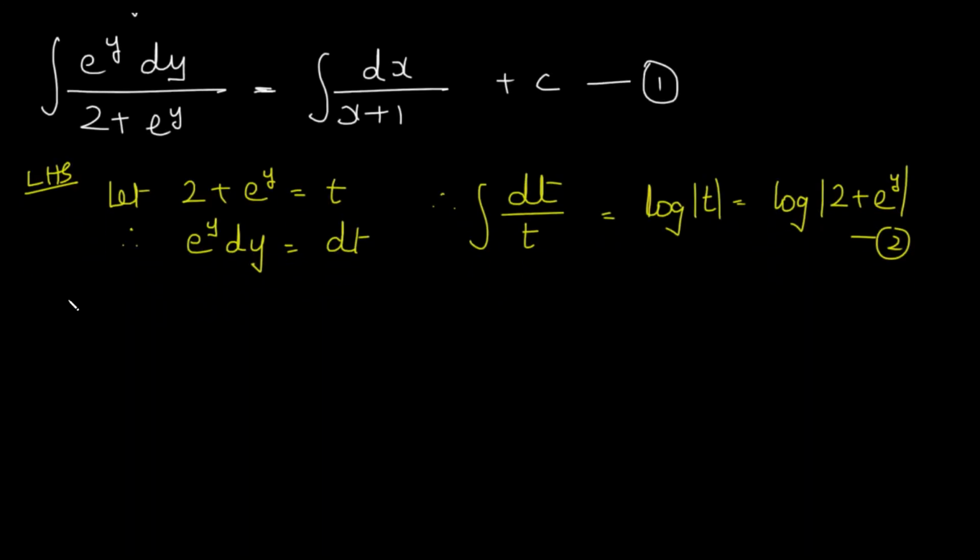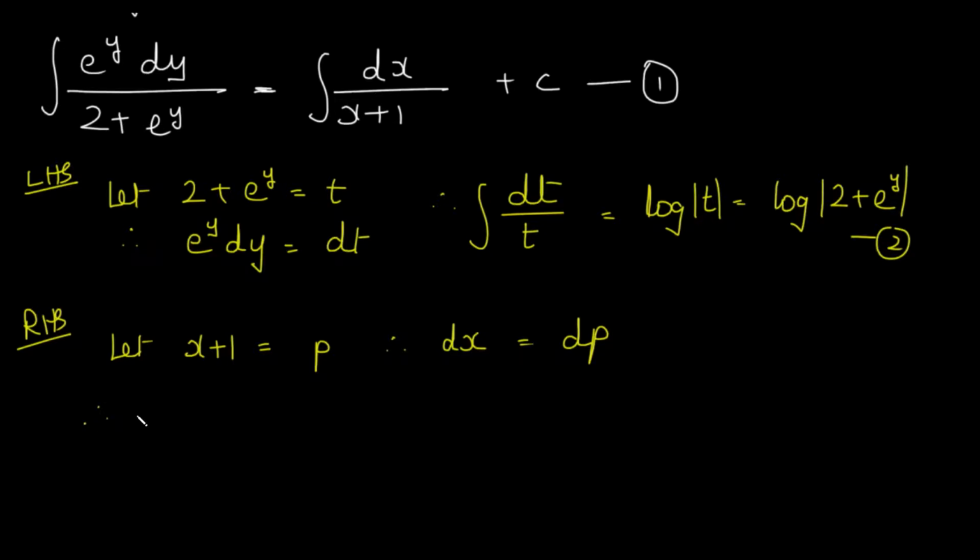Then going on to the RHS. Again the same thing. Let the denominator x plus 1 be equal to any other term, say p, and therefore we have the differentiation of x is 1. So we get 1 dx, or just dx is equal to dp. So the numerator dx over here can be written as dp, and x plus 1 becomes p.